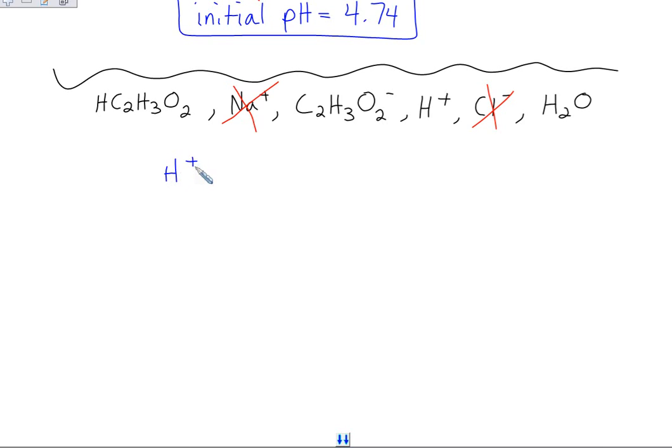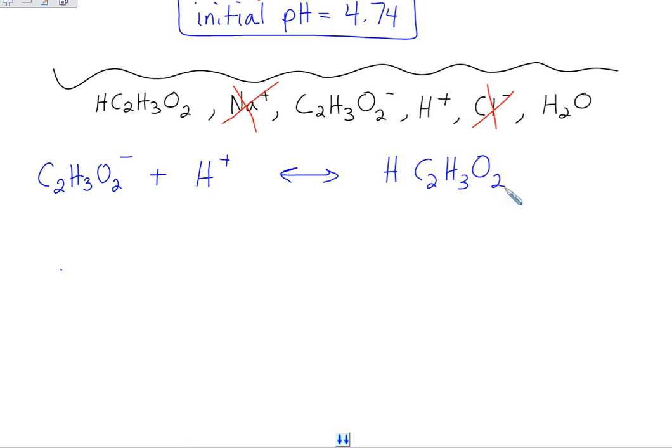And then I ask myself, of the particles in the buffer, which one can react with hydrogen? And then I'd say, oh, well, it's that base, C2H3O2. That's the one that can pick up the hydrogen. Plus hydrogen. If I do that, I should form the weak acid, hydrogen acetate.